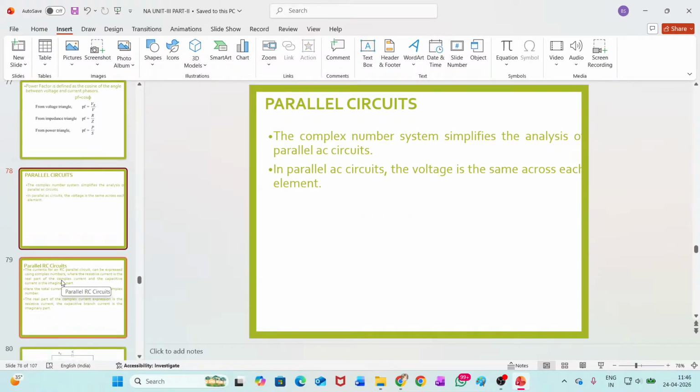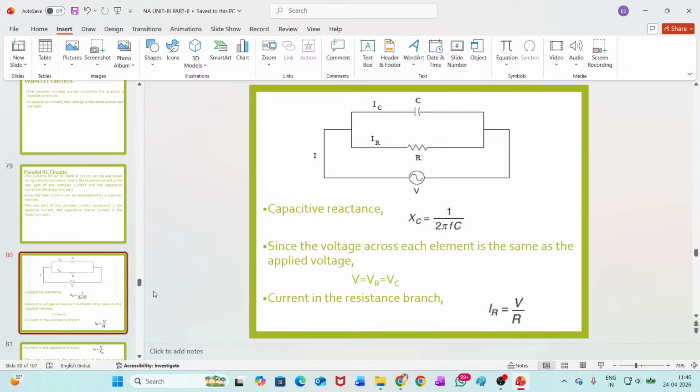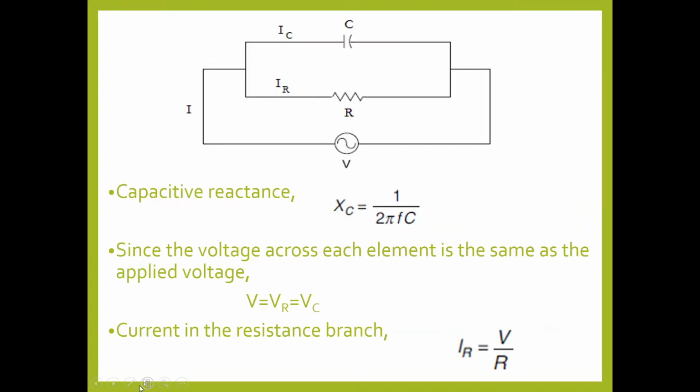So let us start with the parallel RC circuit. So this is our parallel RC circuit. So here you can see there is an AC voltage source. Across it, a resistor and capacitor are connected in parallel.